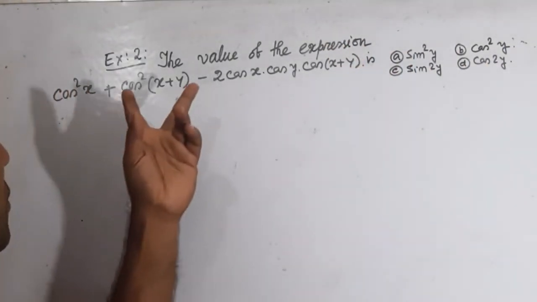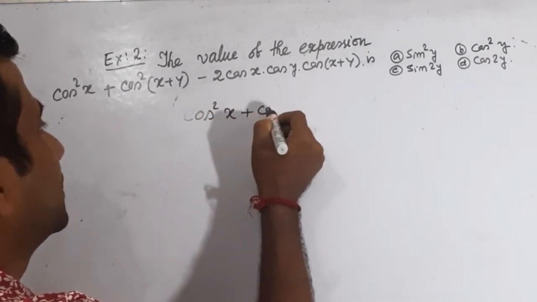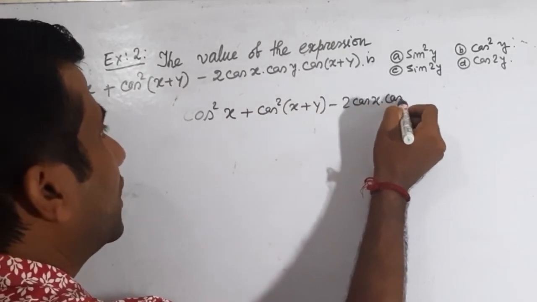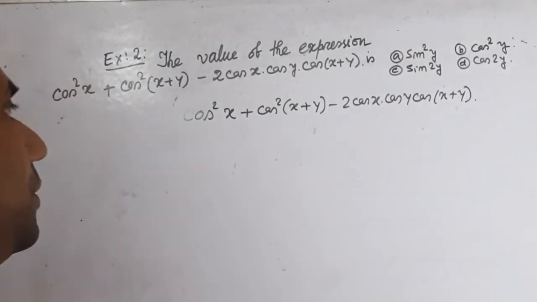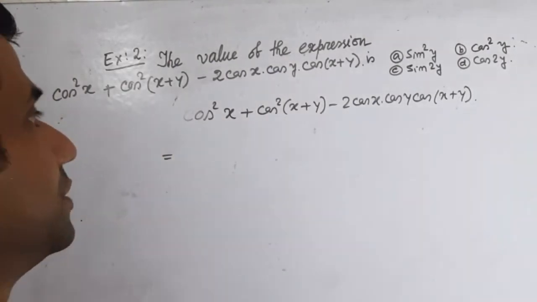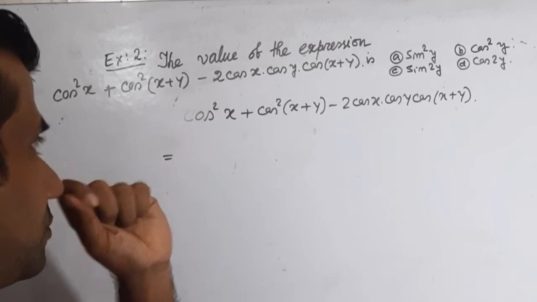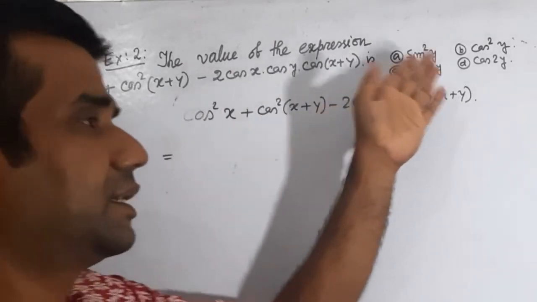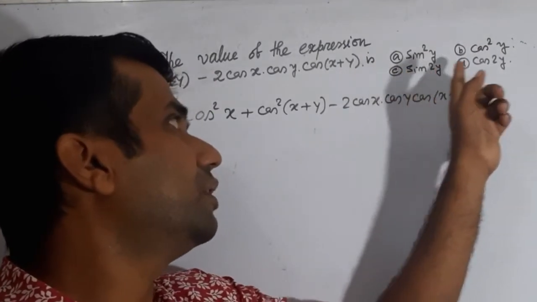Solving this directly would be a lengthy process, so look at the answer. The answers are sin square y, cos square y, sin 2y, cos 2y.